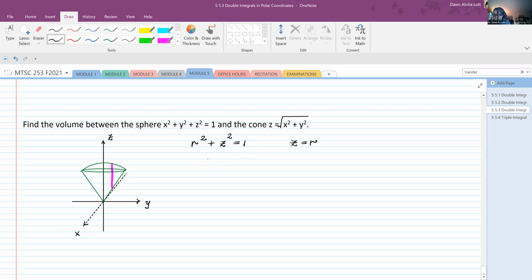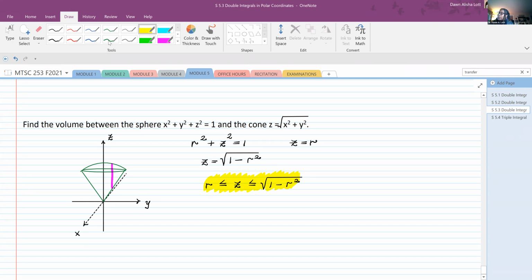So z is equal to the square root of 1 minus r squared. So now r, the cone, is less than z, is less than the square root of 1 minus r squared. So now we have a bound on z.